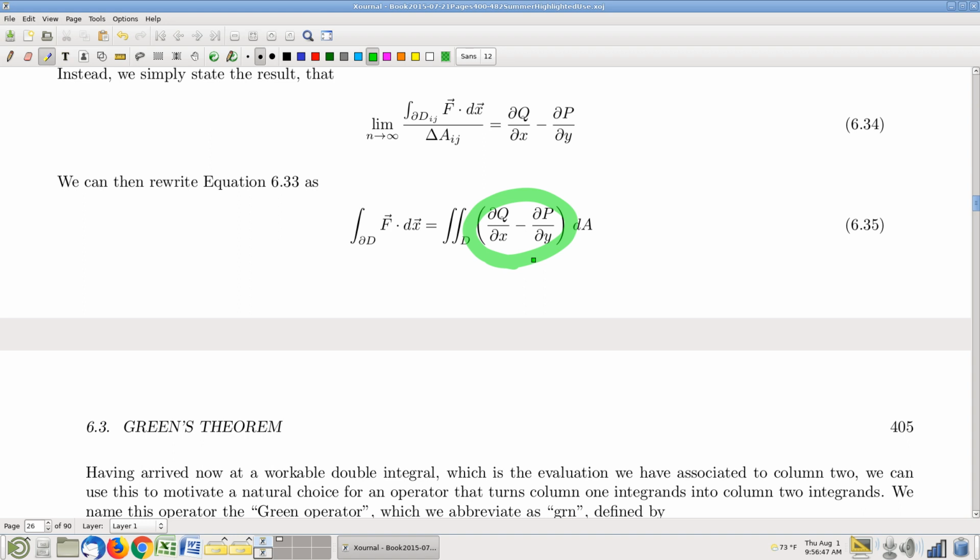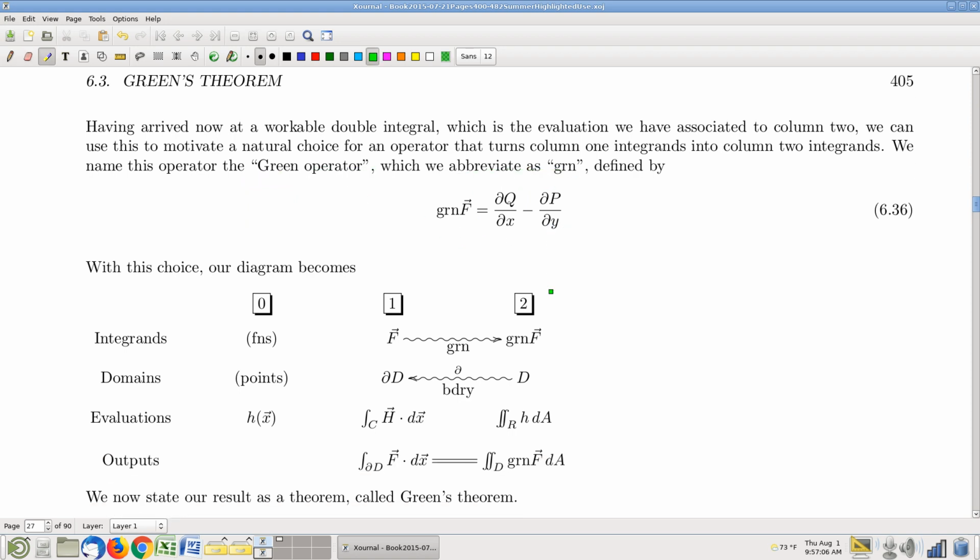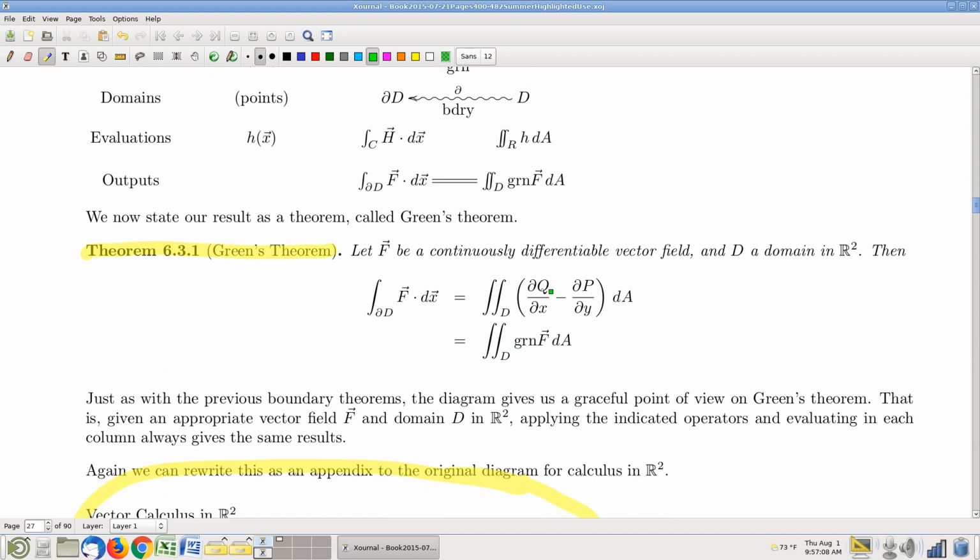I kind of get tired of saying it. So I'm giving it a name. I'm naming this operator after the theorem that it connects to. This is called Green's theorem, and so I'm going to call this Green's operator, and I'm going to denote it as Green F. And I just mean the operator that's inside of Green's theorem. So that's a nice little shorthand. That's very convenient. So here's our new theorem.